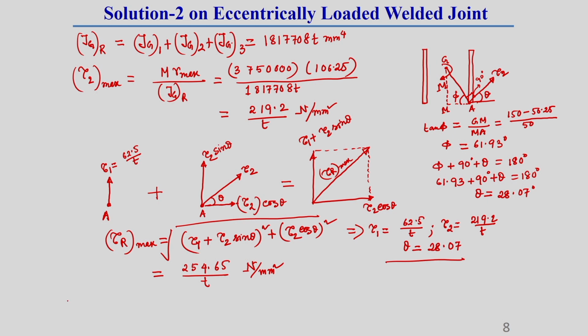Now the next step, the third or fourth step, whatever it is, we have to find out the size of the weld. Here we will use tau p: the maximum resultant shear stress should be equal to tau p, which is given as 55 MPa.